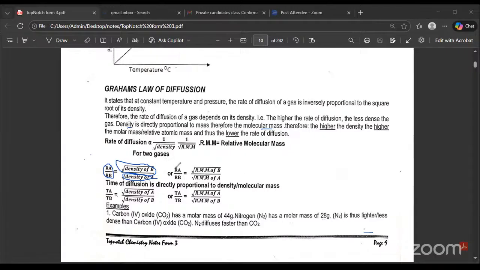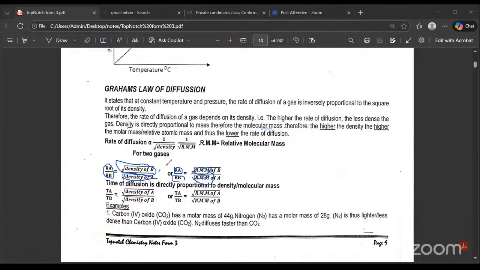For example, RA remains RA, RB remains RB. So instead of density of B, I put RMM of B, and instead of density of A, I put RMM of A, because they are directly proportional.